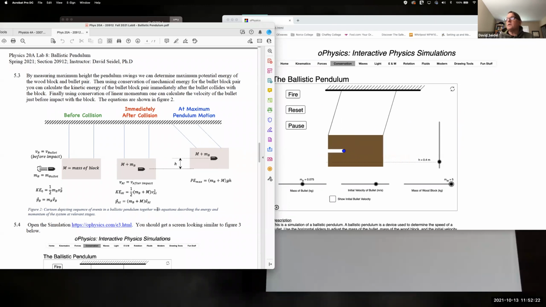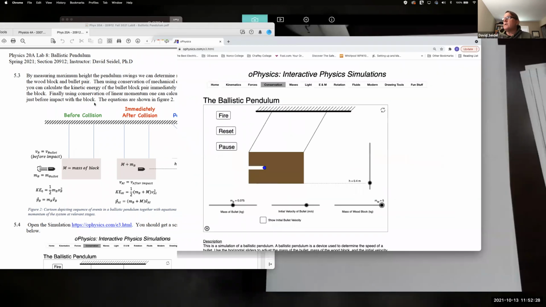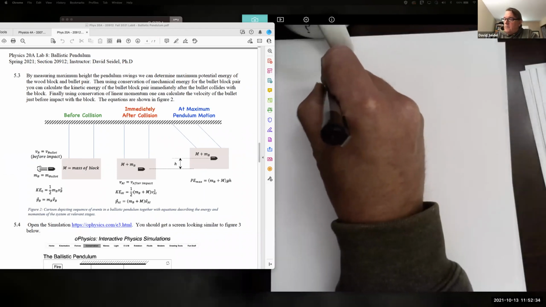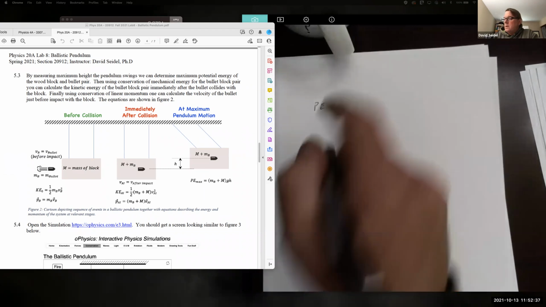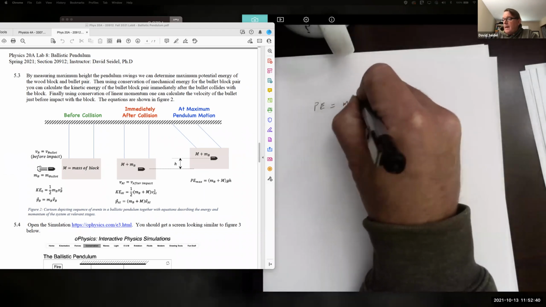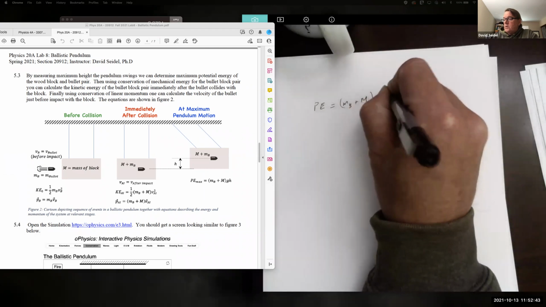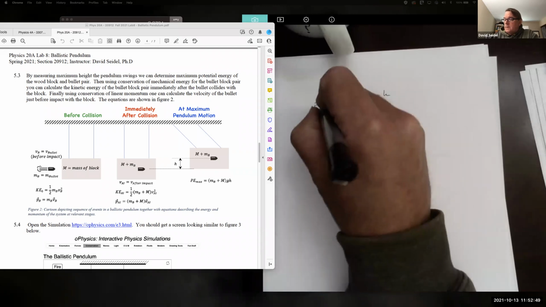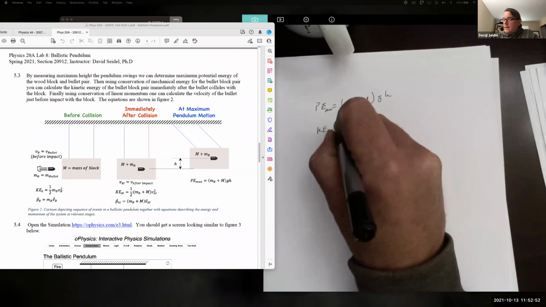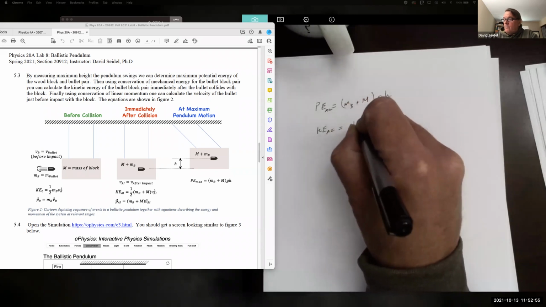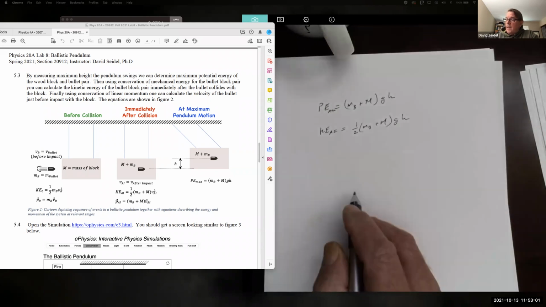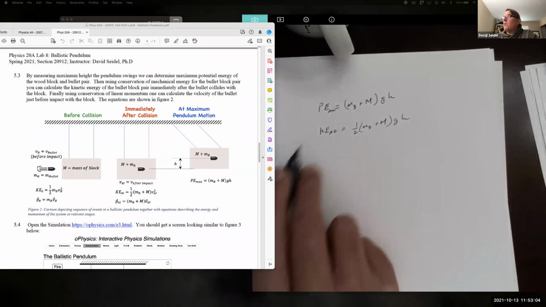And if we wrote this out, and if you remember what we showed in the lab earlier today, potential energy is equal to mass of the bullet plus mass of the block times GH. Kinetic energy after impact, this is max. Kinetic energy after impact was 1/2 mass of the bullet plus mass of the block times V after impact squared, and my potential energy at this point is 0.